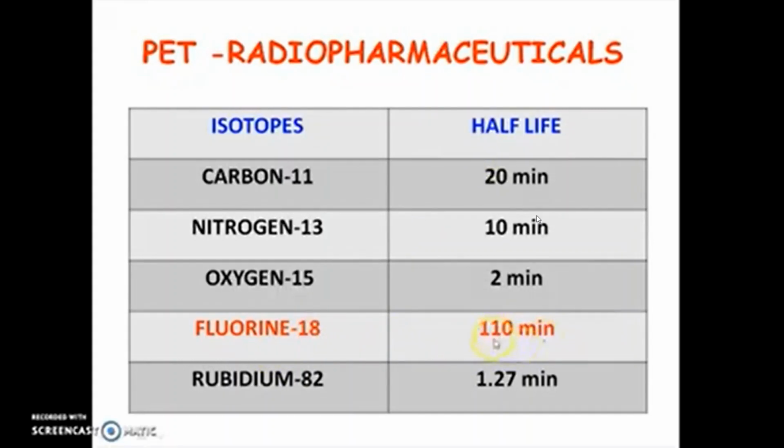But at the same time, we should also be very cautious because its half-life is very short. So as soon as it comes to the site, we should immediately plan to do the imaging, otherwise it will decay. So we have to handle the isotope in a careful way, keeping the half-life in mind.